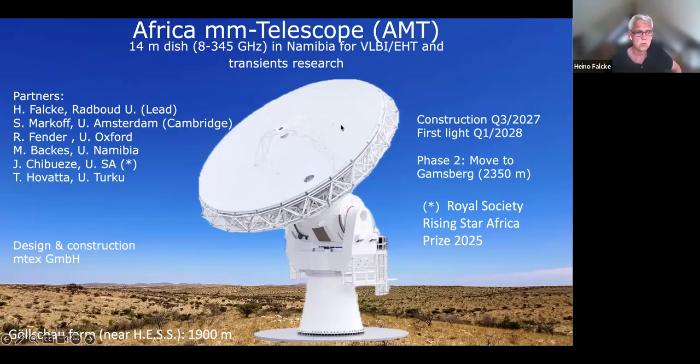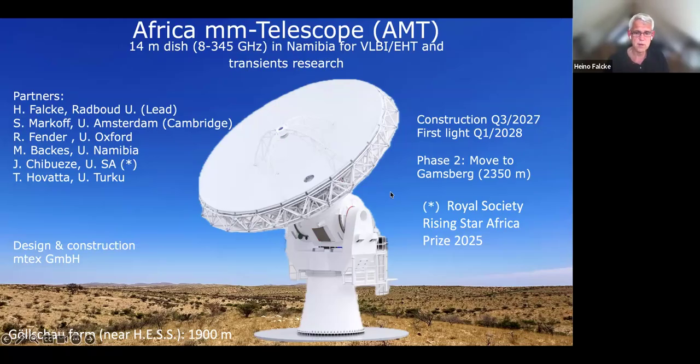Together with University of Namibia, University of Oxford, Amsterdam, now also University of South Africa, Tokyo University, and of course Radboud University as a lead, we're now building a telescope in Namibia, which will first be placed near the H.E.S.S. telescope at 1900 meters, on the farm Göllschau.